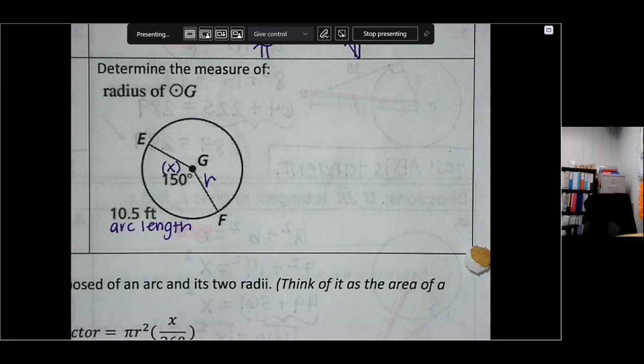No, because you still have to set this equal to your arc length. Yeah, but that's different. Multiply first, yeah, so get rid of the 360 first. Good job.